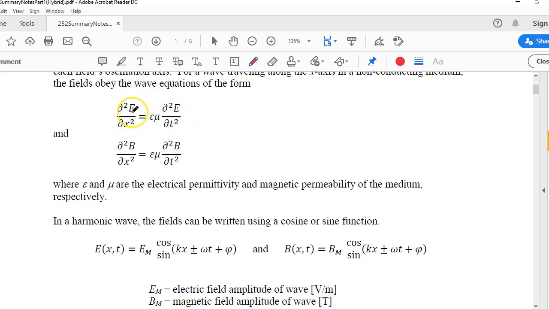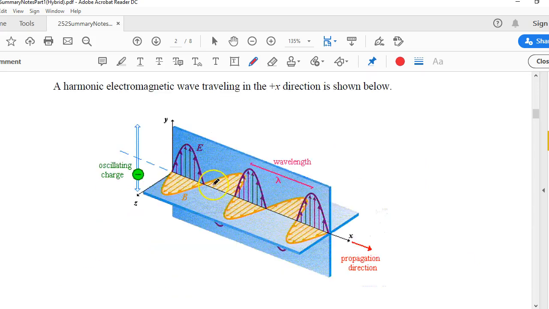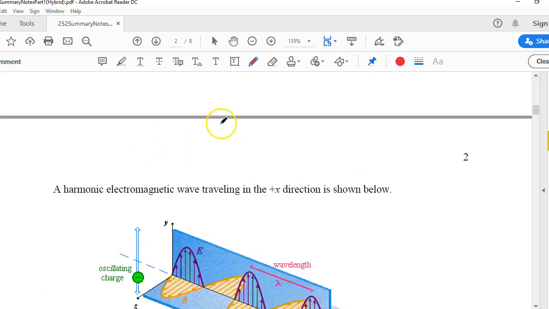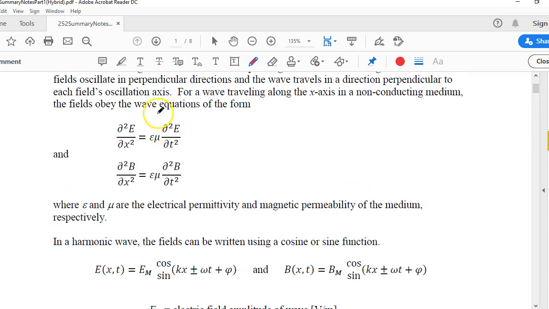The electric field is a function of x and t, so the field can have different values along the x-axis at different times, but it's always in the y direction. With those assumptions and Maxwell's equations, you get this differential equation.